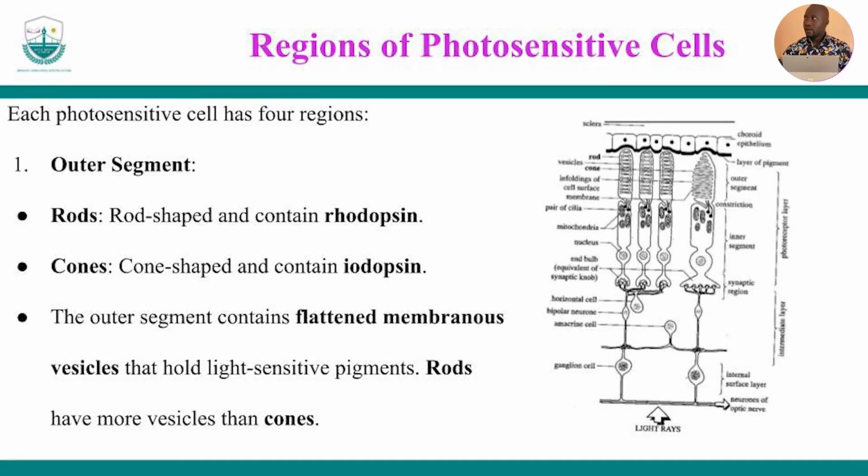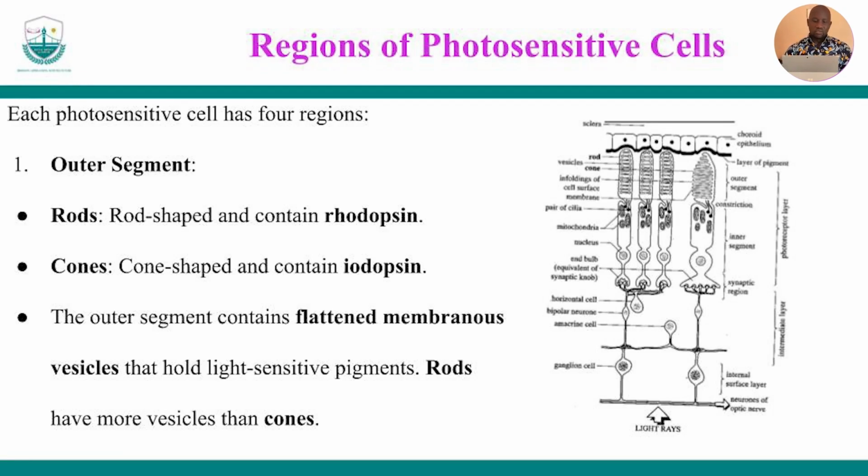Okay, and then you have the cone, which has a photosensitive pigment also called iodopsin. Okay, so you need to know these photosensitive pigments because they will play an important role in the transduction that we shall talk about. So all of them, you can see they have these foldings, these flattened membranes.